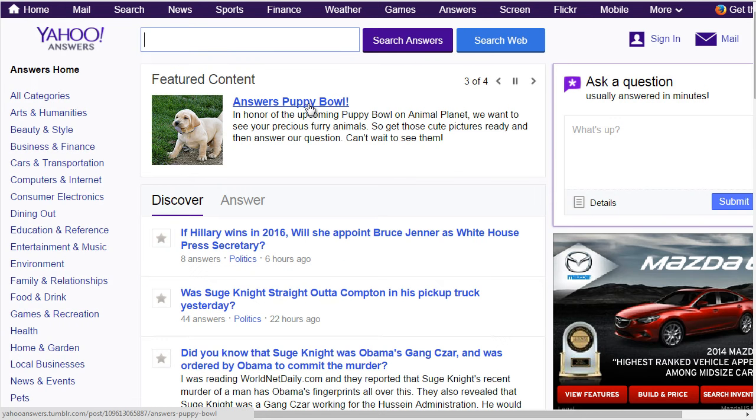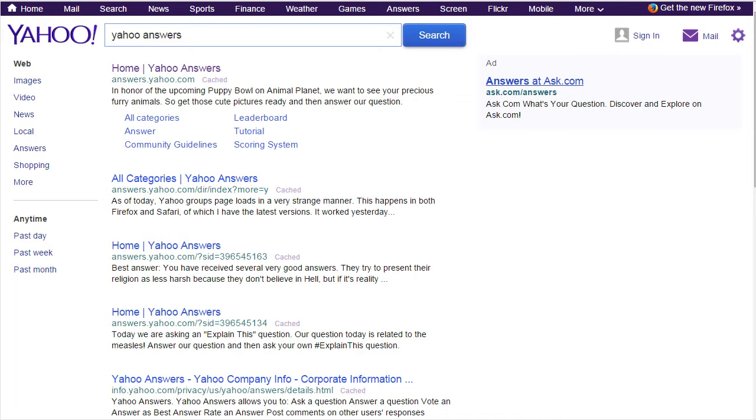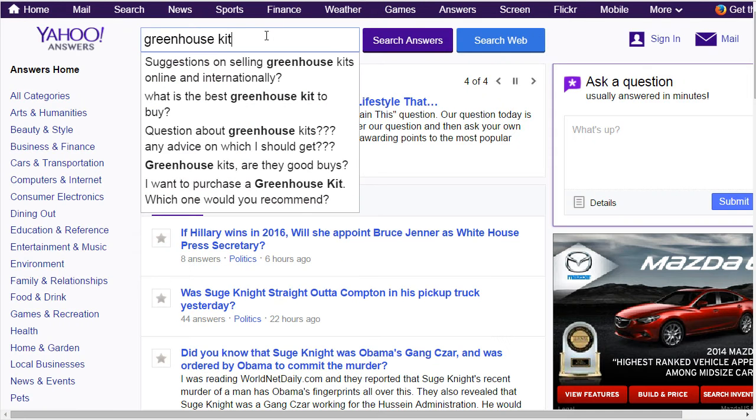So what I would do next is go to answer sites like Yahoo Answers, and type in the keyword greenhouse kits. What I like about Yahoo Answers is that while you're typing, it's kind of like Google, it'll tell you the questions that actually show up. In this case, it is more so questions. So, what is the best greenhouse kit to buy? It's pretty general. Question about greenhouse kits. Greenhouse kits, are they good buys?